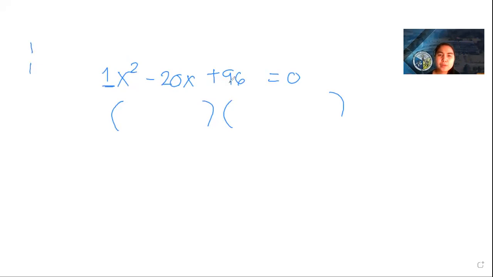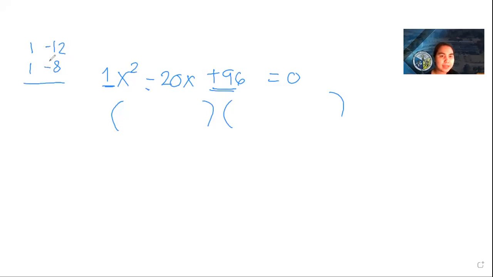How about for 96? 12 times 8. Here, same signs, right? But the middle sign is a negative. So you'll have same, but both are negative. So negative 12 and negative 8.